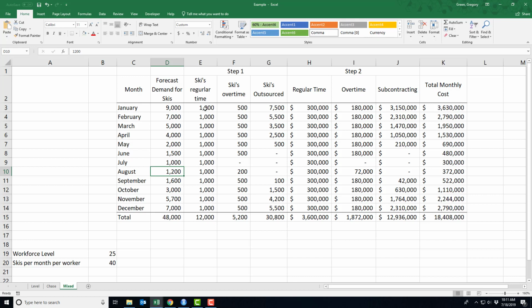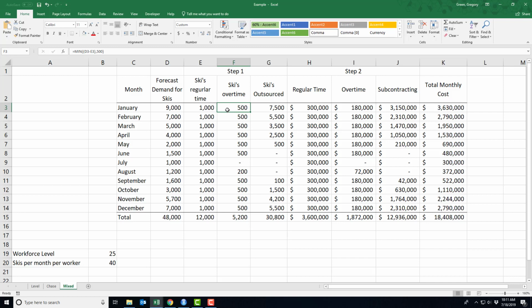I don't know that there's anything to that. It does save some work later. We don't have to lay anybody off. So I figure that's got to be one of the reasons we did that. Okay. Well, I can only produce 1,000 skis. I need 9,000. So how am I going to produce the 8,000 shortfall?